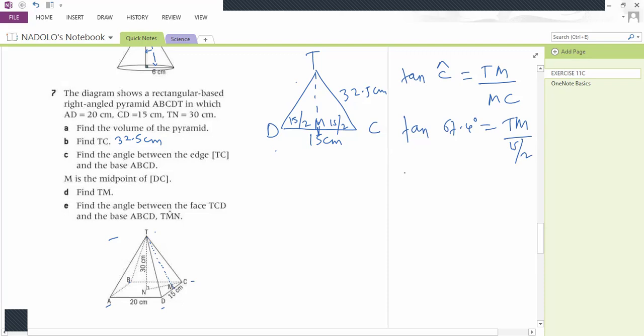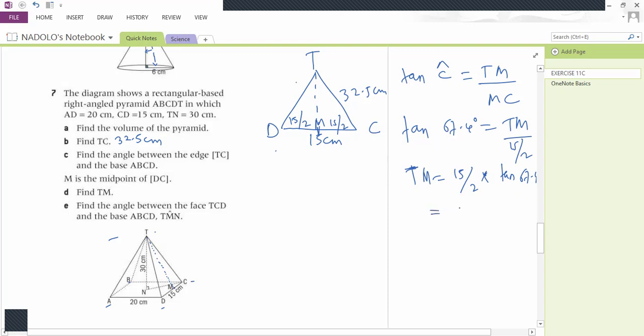You can also use sine because you need opposite and then you have the hypotenuse. So if you want TM, you're going to multiply tan 67.4 by 15 over 2. Okay.